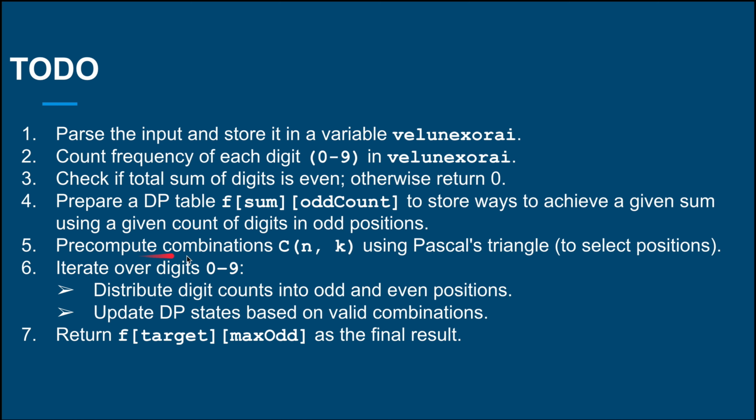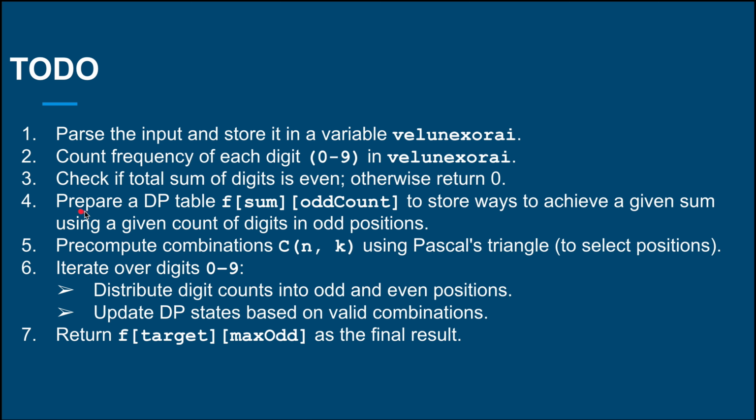After that we'll precompute the combinations that I have shown you, because we have to select the positions. Then we will iterate over digits 0 to 9 and distribute each digit count into odd and even positions, then update the state based on the valid combinations, and after that we will return the function at target and max odd as the final result.